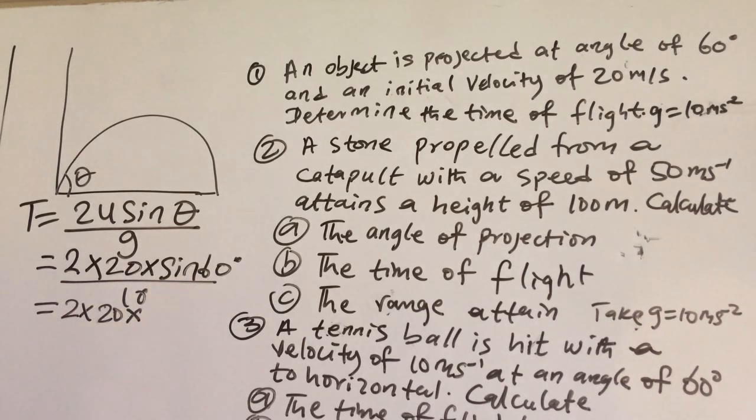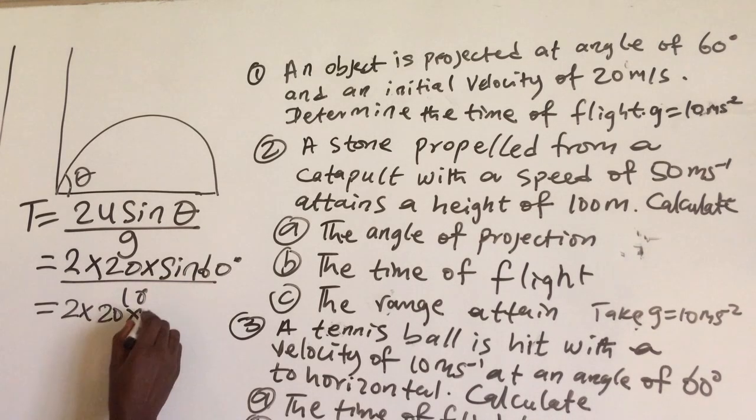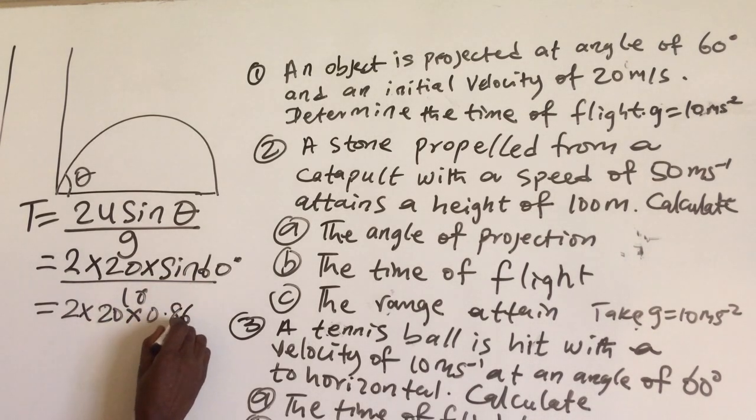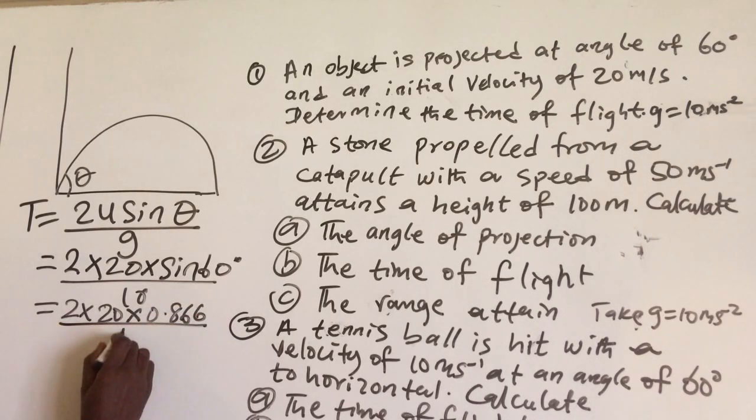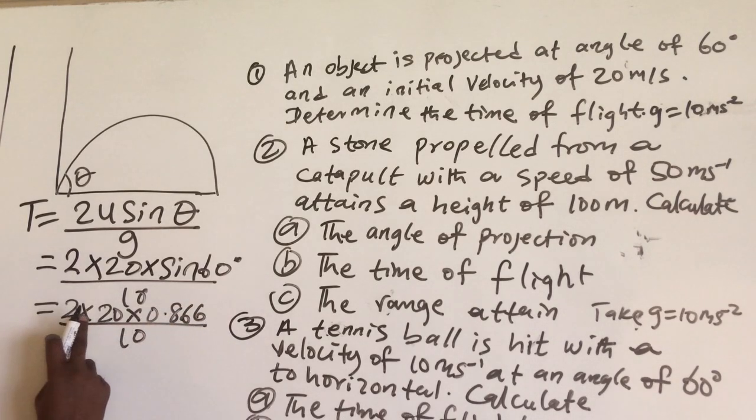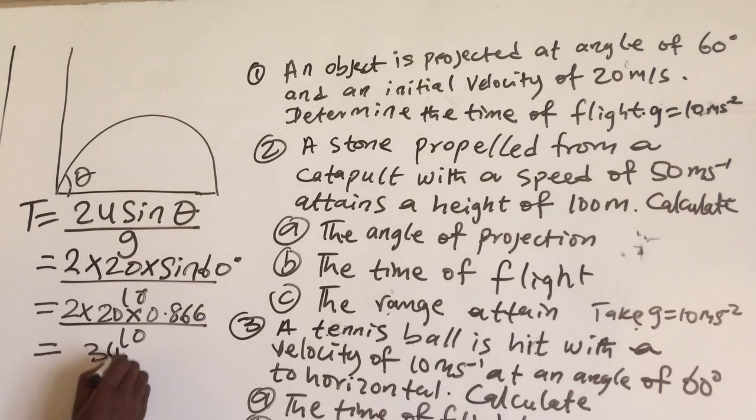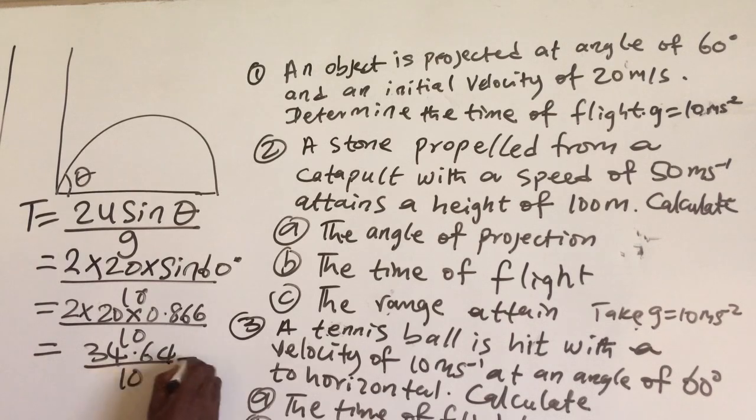When we use our calculator to check sine 60, it is 0.866 all over 10. Then we use our calculator to multiply out. When we multiply out, the answer will be 34.64 all over 10. And when we use our calculator to divide, we will get 3.464.